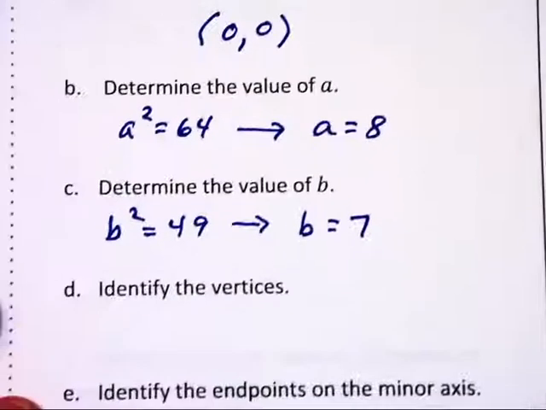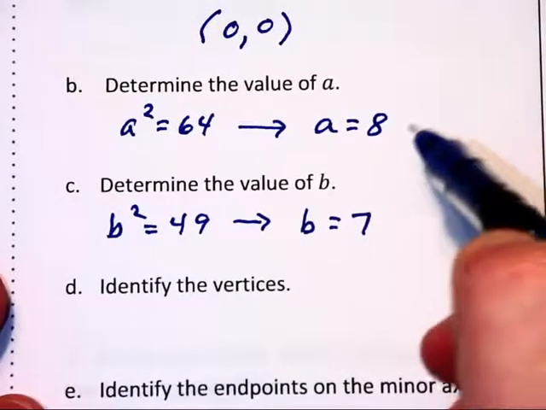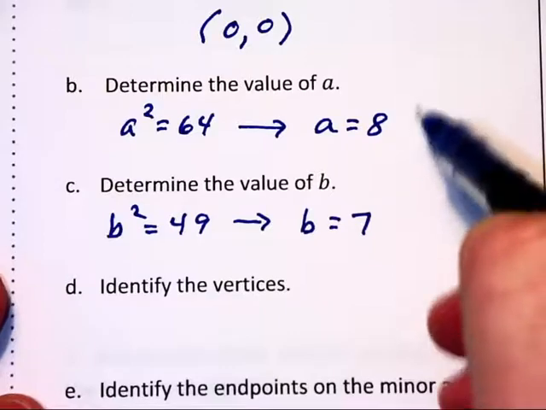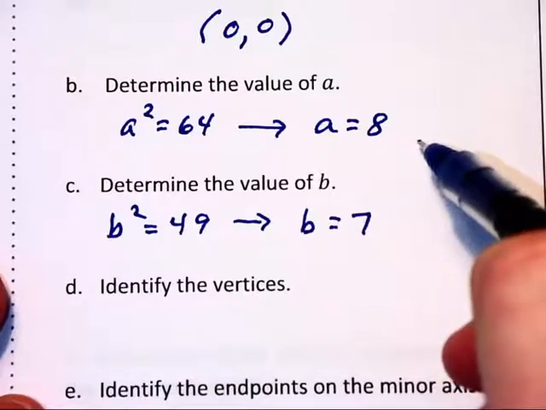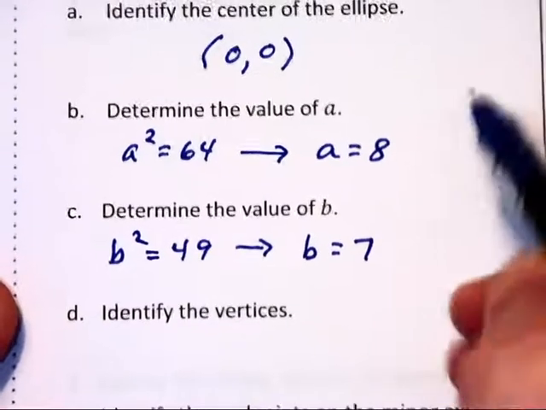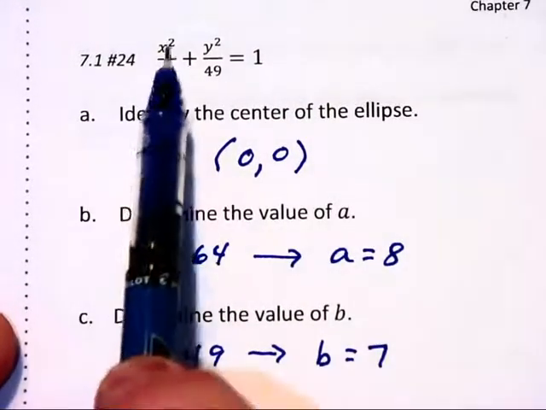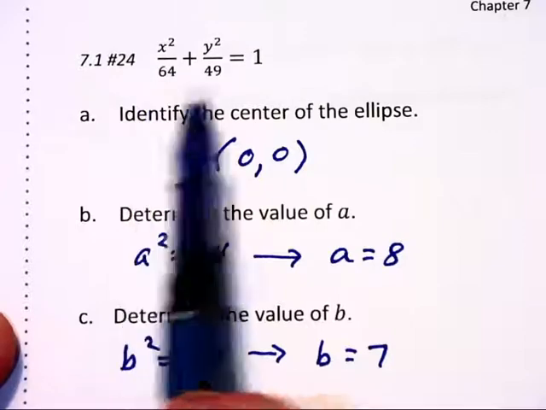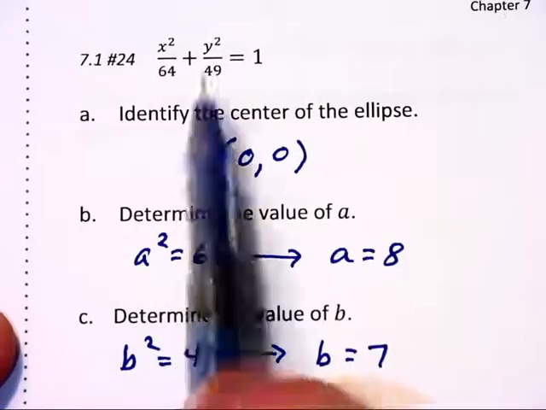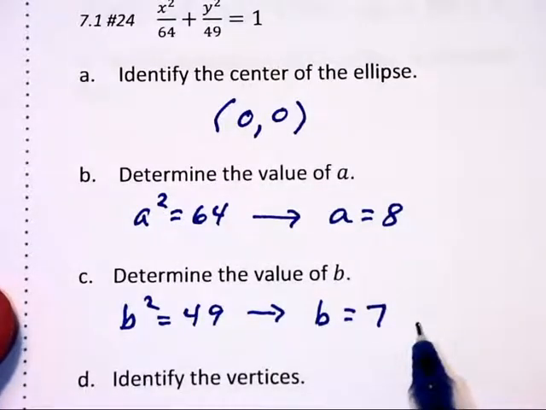Now this 8 basically tells us it's going to be 8 units left and right to get to the vertices of the curve, and we know it's left and right because that 8 is in the x fraction, and this y fraction gives us the number 7, and that tells us we're going to be going up and down 7 to get to the endpoints of the minor axis.